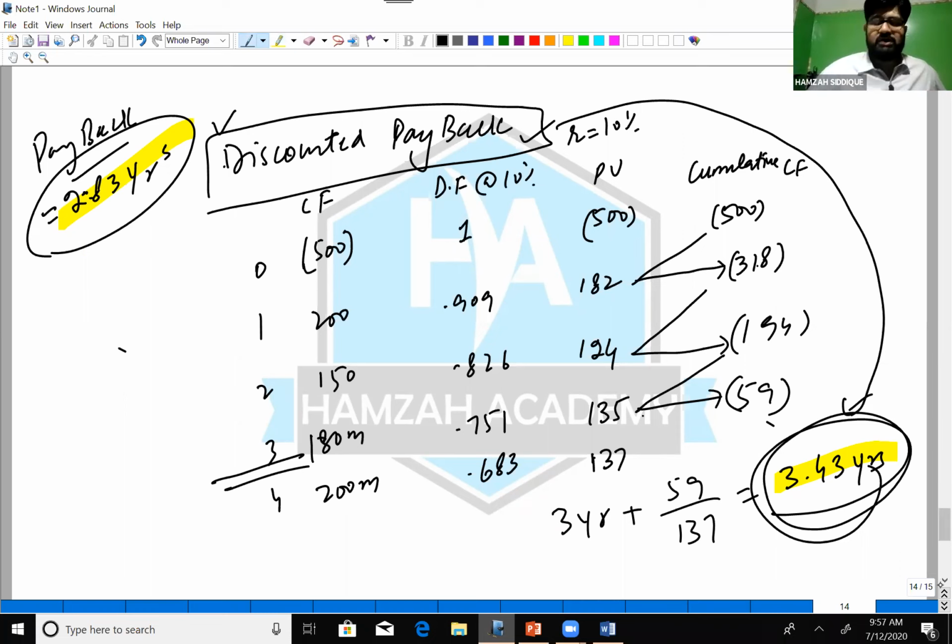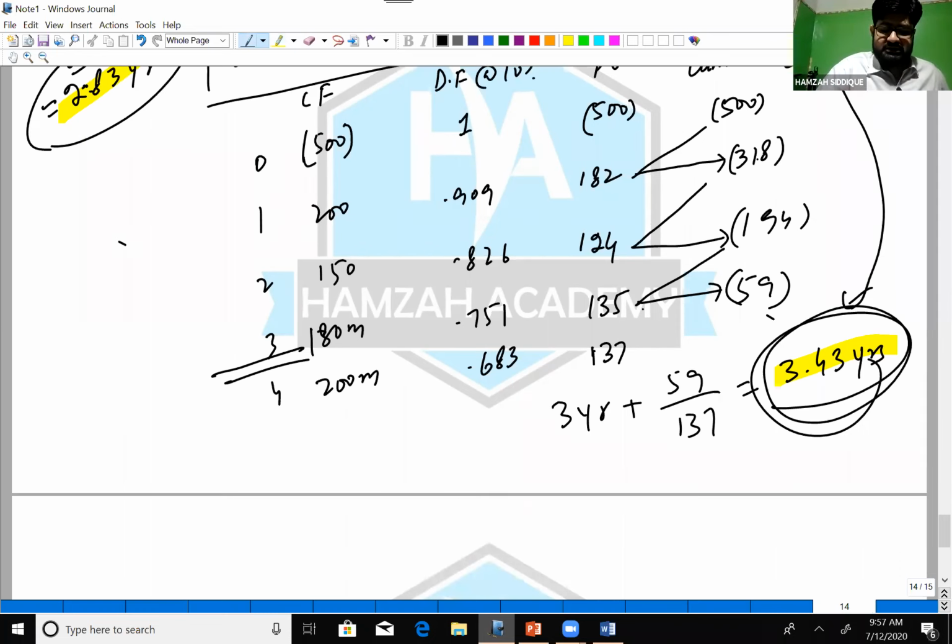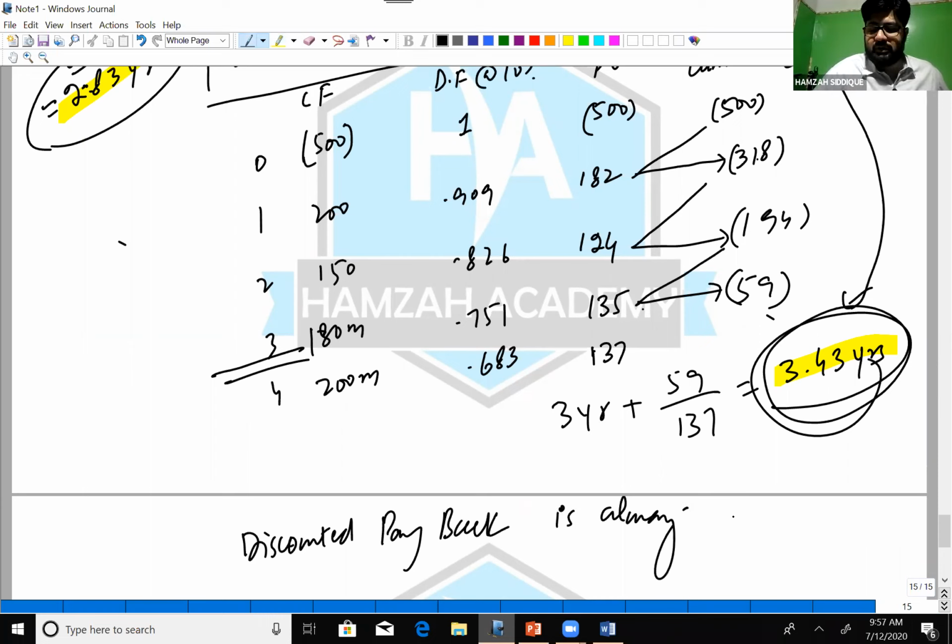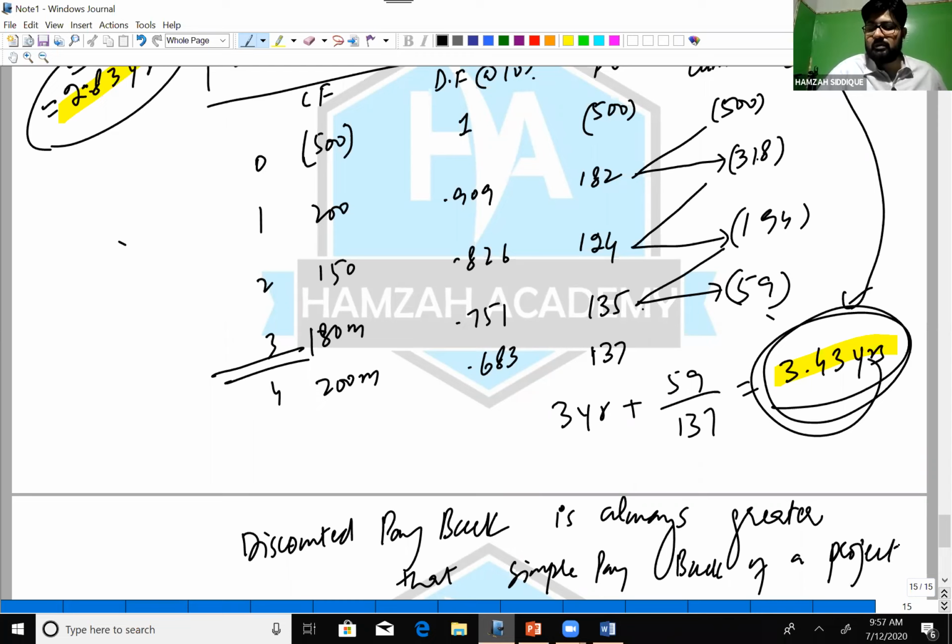So we can conclude here that discounted payback is always greater than the simple payback of a project. Time value of money has been incorporated.